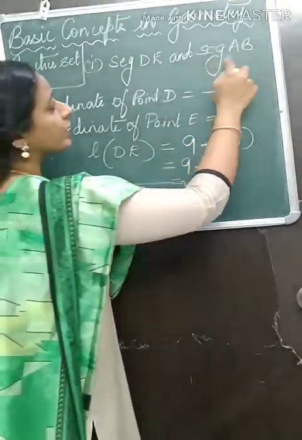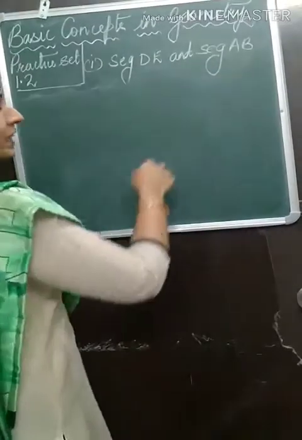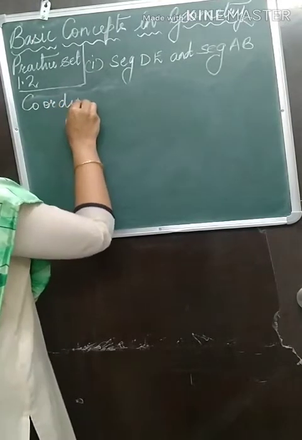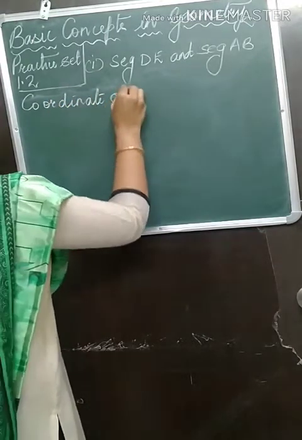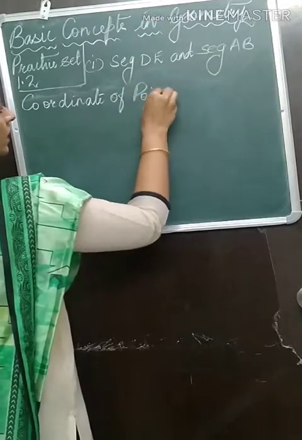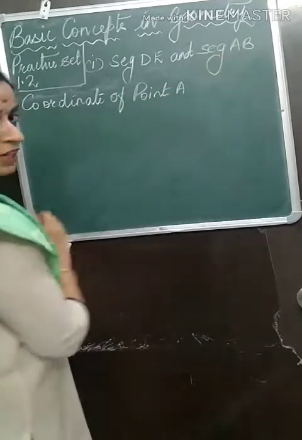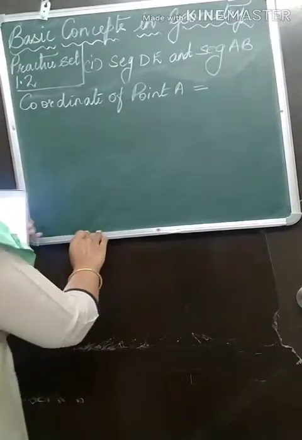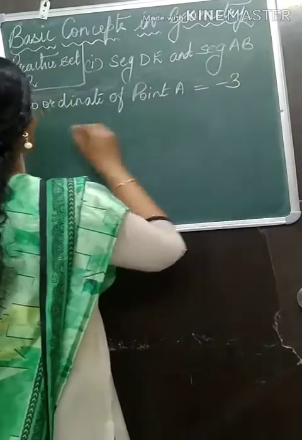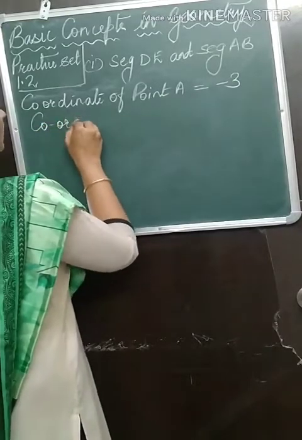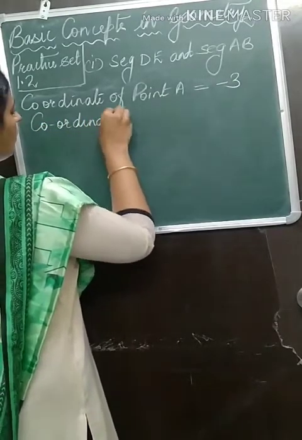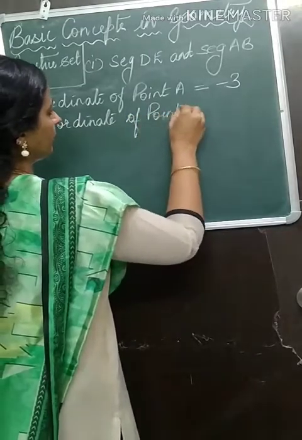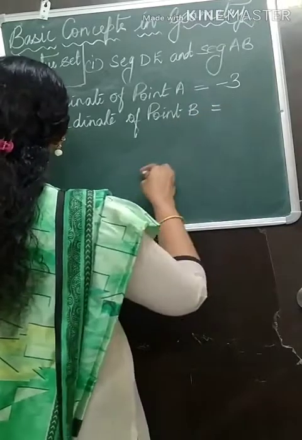Now we will find length of segment AB. First, coordinate of point A. Coordinate of point A in the table is -3. Coordinate of point B is 5.